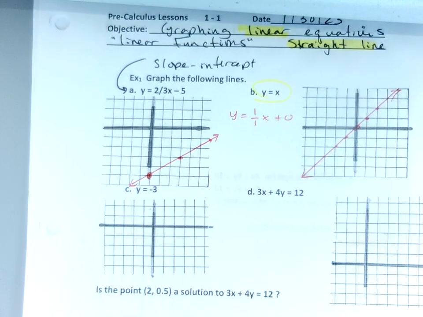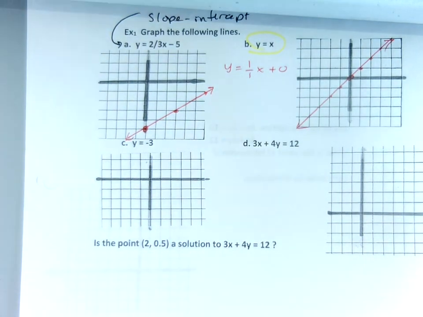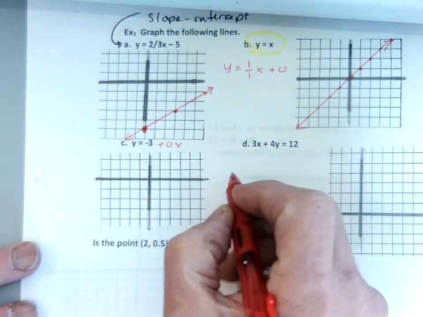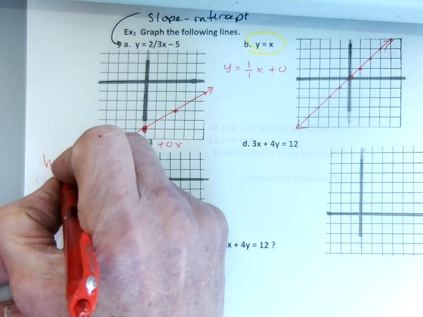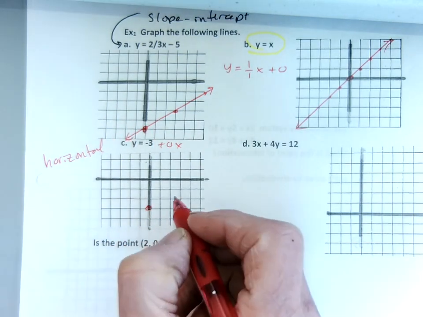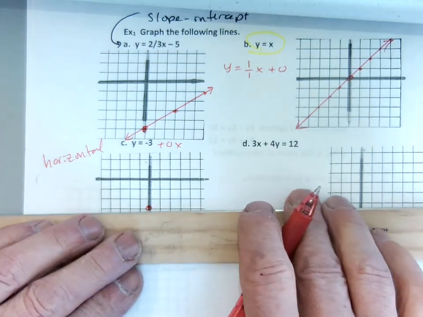Okay. C. Now C has, in a sense, a 0x. We don't have to write it, but you could say plus 0x. But we know that's got to be horizontal, right? So I'm just going to go down to -3, and I'm going to draw a horizontal line.